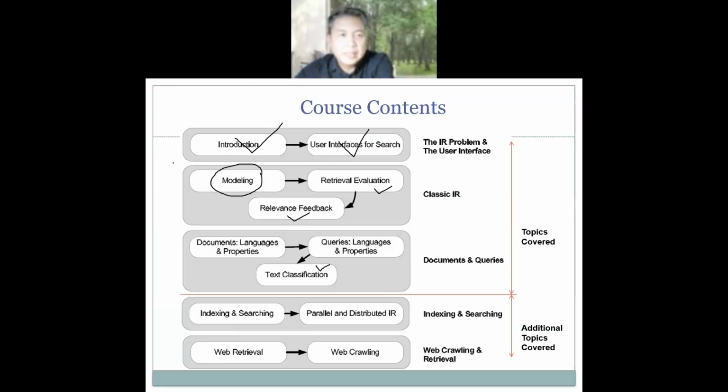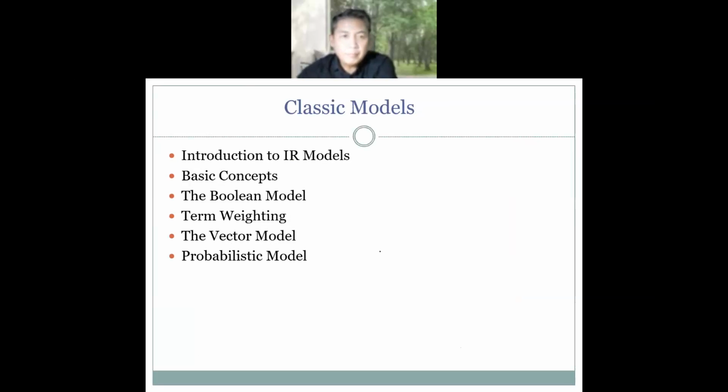Okay, so this is your foundation. Make sure you understand it. If you cannot understand or you have difficulty, you can stop me and ask me to explain again. Okay, so we will go over a few models.